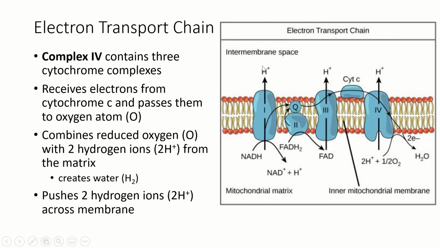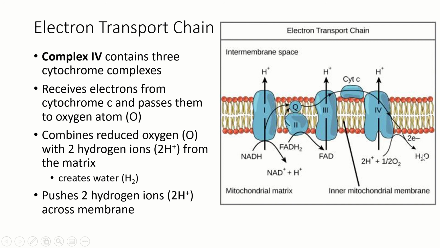So we have a bunch of protons that have been pushed across the membrane by these complexes, using the energy in the electrons that were passed from one complex to the next by ubiquinone and cytochrome C. So that's the electron transport chain.